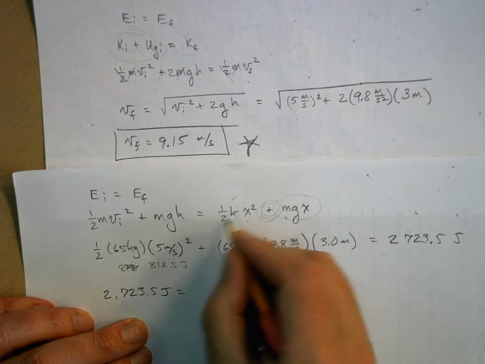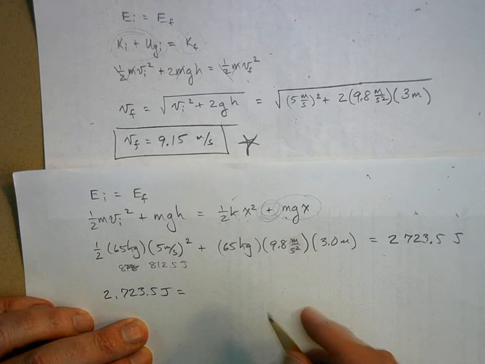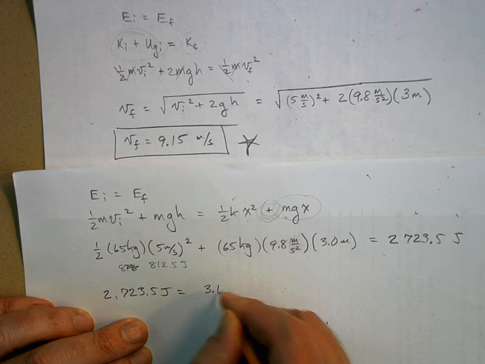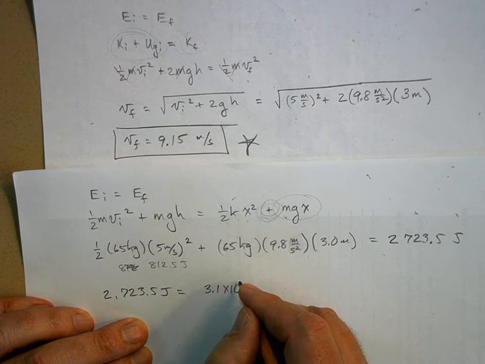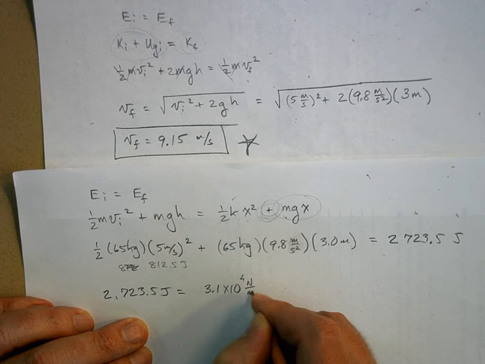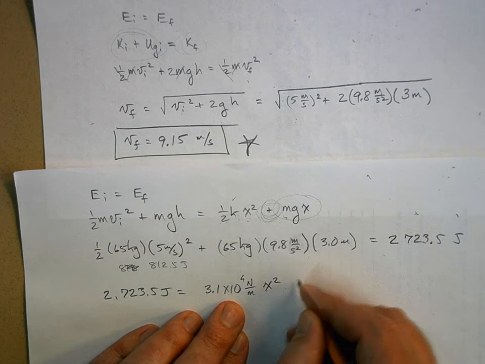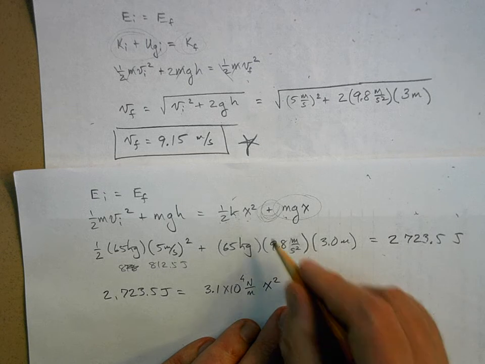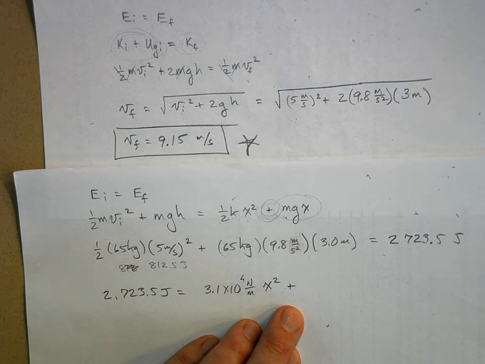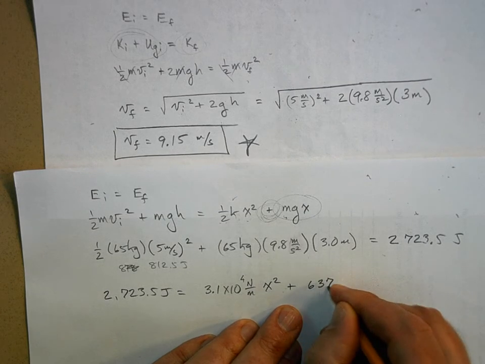So what is 1/2 k? I'm running out of time, so I'm just going to take the 6.2, that's 3.1, times 10 to the 4 newtons per meter. And then this is times x squared. Plus, and then we have mg, so that's going to be 65 times 9.8, equals 637x.